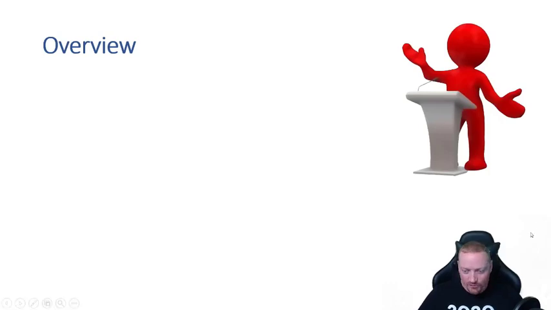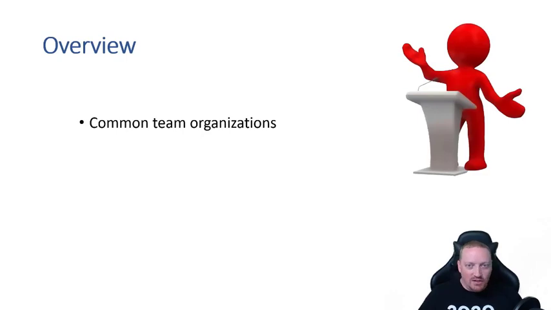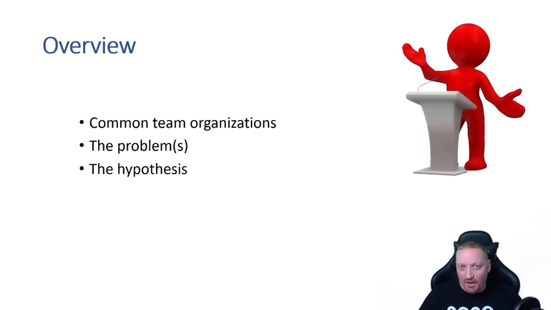Just a quick overview here of what's going to be in this talk. First, we're going to talk about common team organizations, some of the more common ways that we see teams organized when it comes to the software development side of things. We're going to discuss a lot of the problems that we see with these organizational structures. I'm going to propose to you the hypothesis, what I see is the root of those problems.